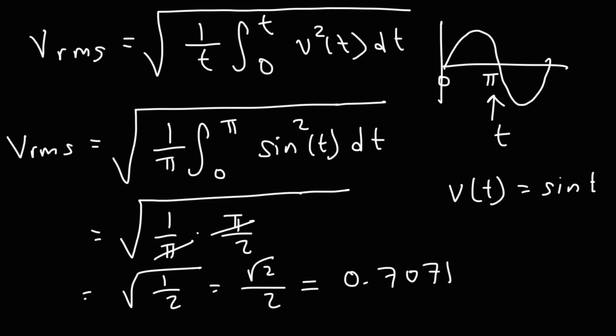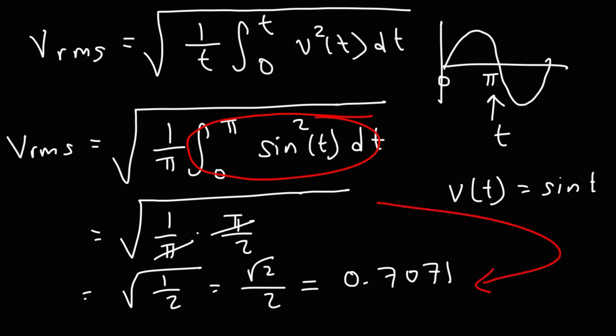Now, I'm not going to go over how to integrate this step by step, but you need to use one of the power reducing formulas to integrate it. What I could do, though, is put another link in the description section below that shows you how you can integrate sine squared, because I've done that in another video. And then you could apply those steps to get this answer if you want to. But that's how you can calculate the RMS voltage using calculus. It's by using this formula.